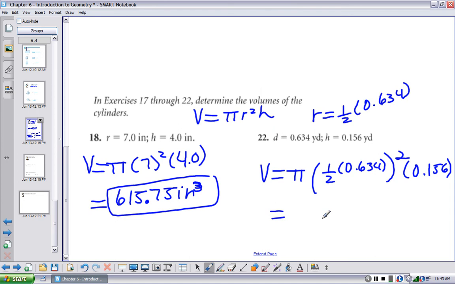I'm doing this by hand, so hopefully we did 0.634 divided by 2, we squared it, multiplied by 0.156, multiplied by 3.14, 0.049 cubic yards.